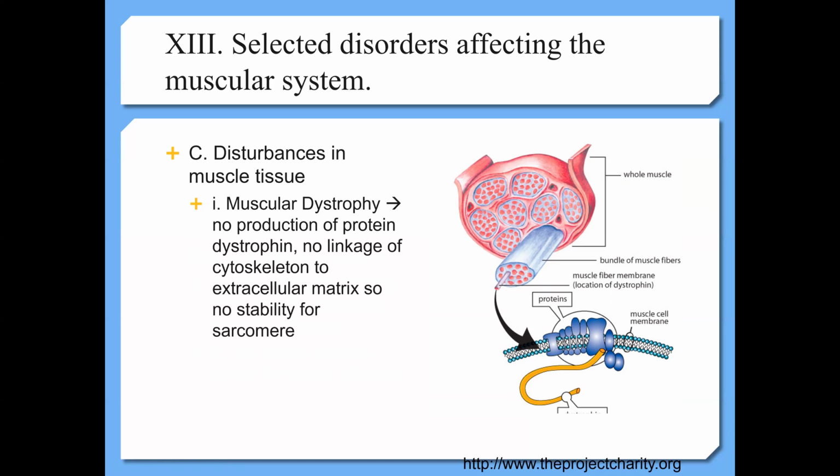Well, if the myosin is trying to pull against the actin and the cytoskeleton, which is the skeleton part of the cell, is not stable, it has no firm footing. If it has no firm footing, it's not going to be able to do that power move where the actin slides over the myosin. So you can get this in muscular dystrophy.